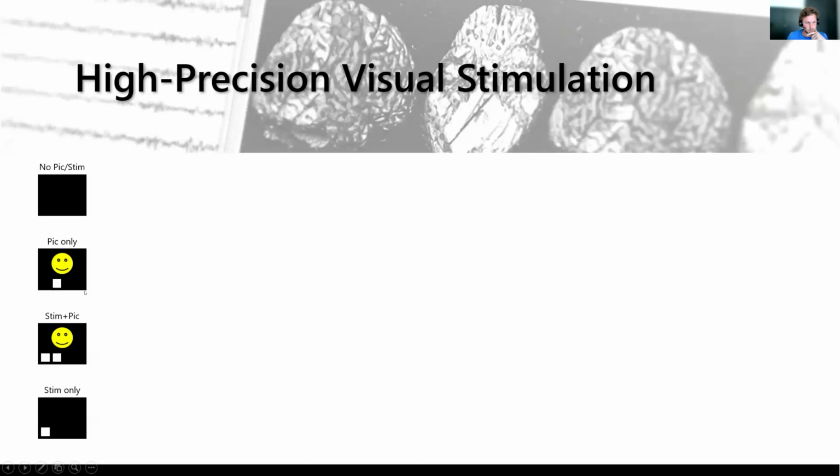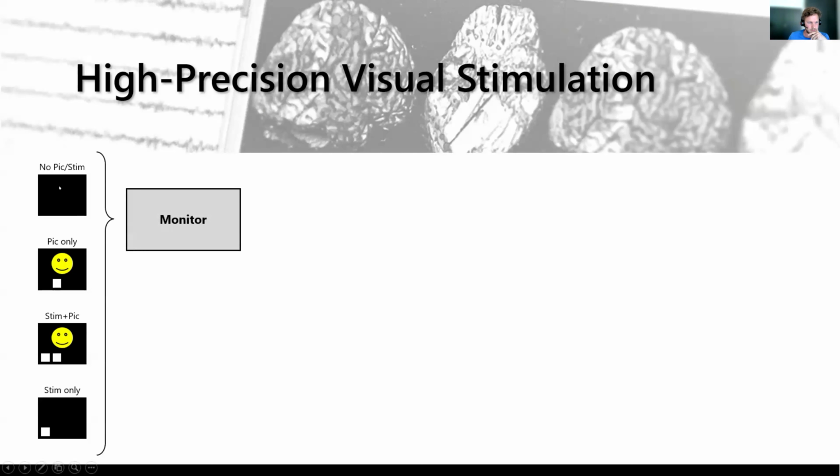This could, for example, investigate how stimulation during a picture naming task, how stimulation right before a picture is shown, or while a picture is shown, or after a picture is shown, affects the overall behavior of the patient.